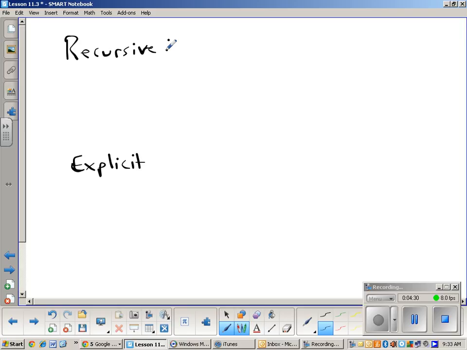So recursive in geometric would be very similar. We have the first term, whatever it is, we'll call it A, and then we're going to take the previous term and multiply it by the common ratio. And so my nth term is going to be my previous term, my n minus 1 term, times r. So that's what geometric recursive looks like.